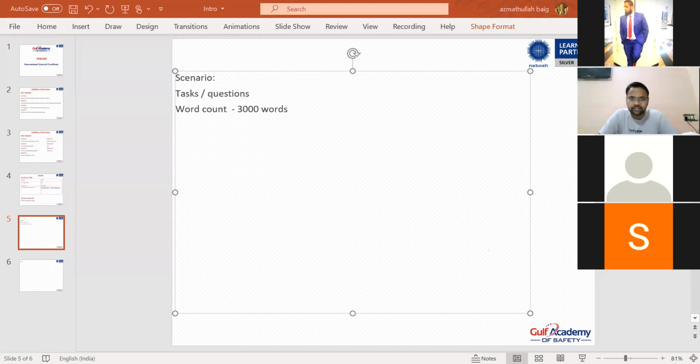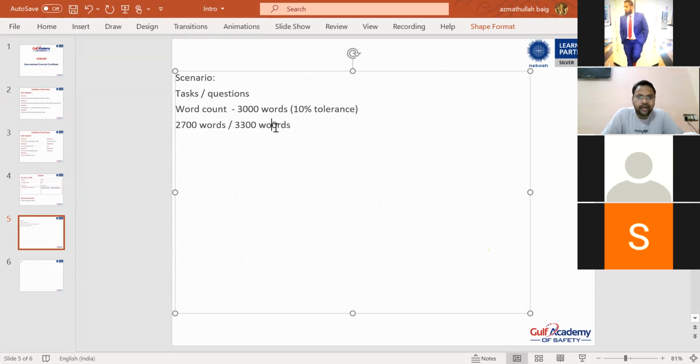However, NEBOSH has a 10% tolerance. 10% tolerance means 10% plus or minus. So 3,000, 10% minus is 2,700 words, plus 10% is 3,300 words.